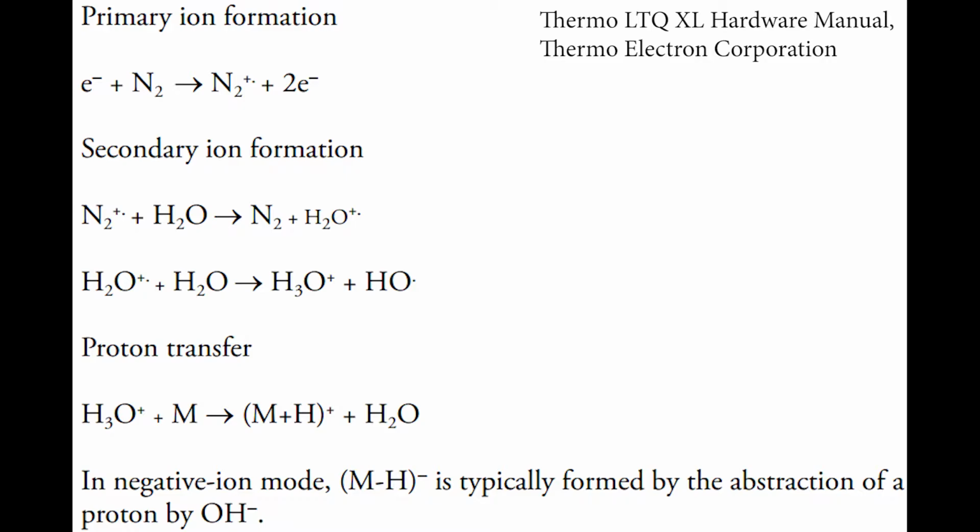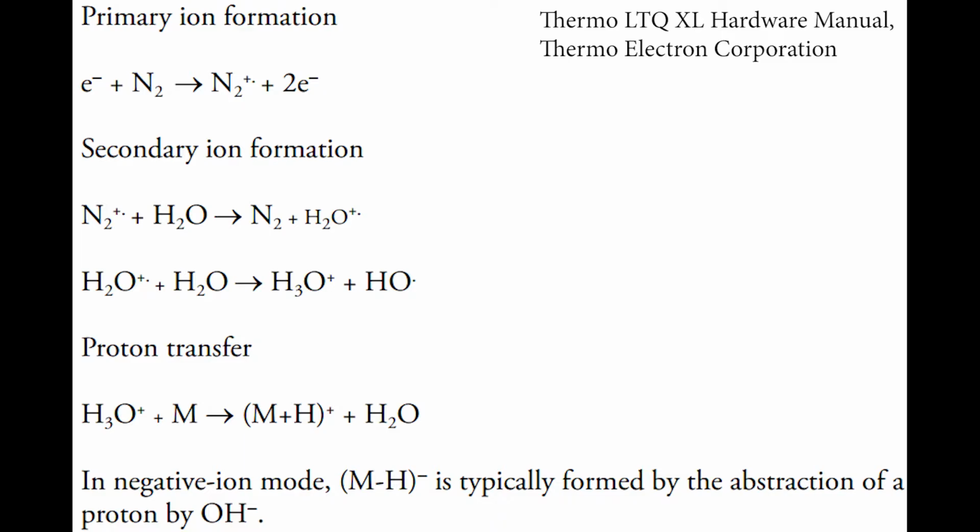You can also look at negative ions from all these sources, from ESI and all these other ones. They'll produce negative ions. In the case of APCI, the mechanism in negative mode is usually that the OH minus that you generate strips an H plus off of your molecule. So as you might guess, in both electrospray and APCI, and really all these ion sources, you're more likely to get positive ions for things that are okay with being protonated.